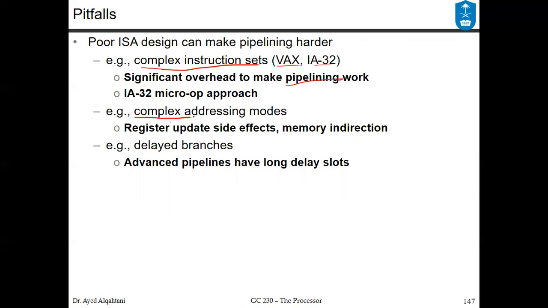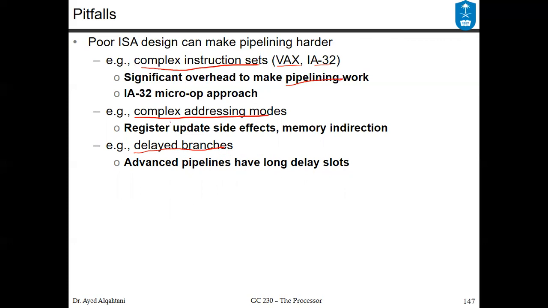Also, complex addressing modes make it harder to deal with the pipeline. Register update side effects, and also memory indirection are not easy. And for delayed branches, advanced pipelines have long delay slots instead of only one. If you have a very complex ISA, probably you have multiple delay slots, and this needs a lot of work.